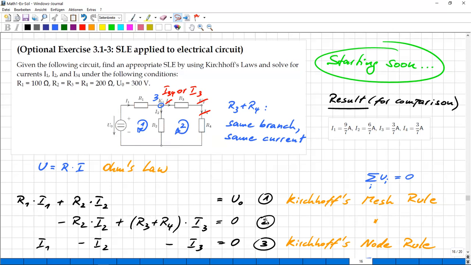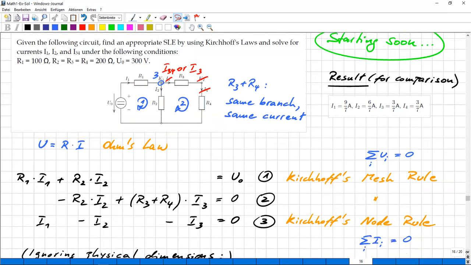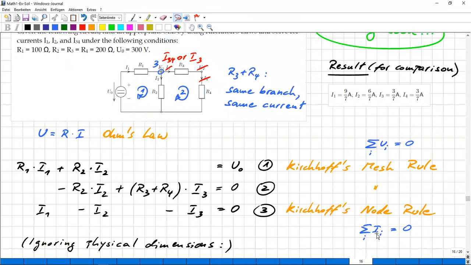And so the next thing is Kirchhoff's node rule, which says that the sum of all currents which flow into or out of one node is also equal to 0. The reason is that these currents, quite the same as with the voltages, have to be taken into account with correct sign.